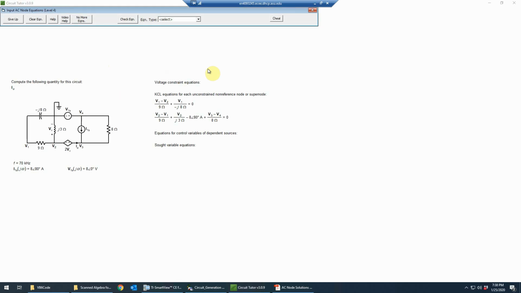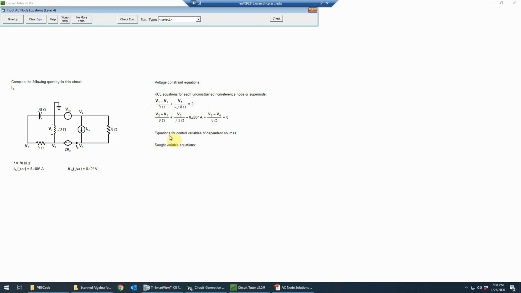Okay, so being a solution problem, we have been given the KCL equations already for this circuit, so we do not need to compute those for each node or supernode in the problem. But we do need to compute the voltage constraint equation, which would apply for each of the 2 voltage sources, the independent source and the dependent voltage source.